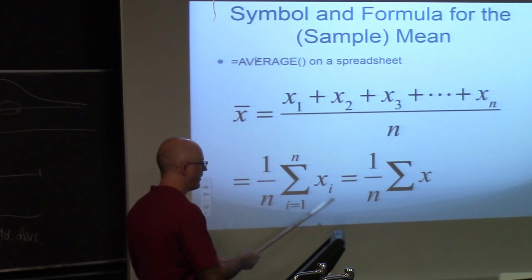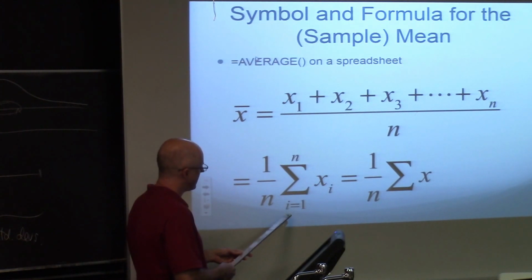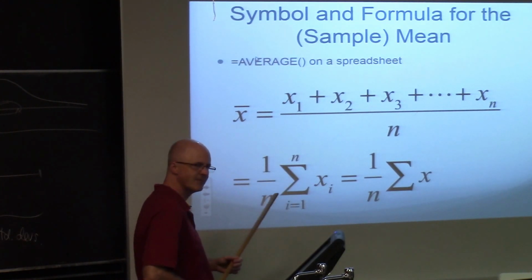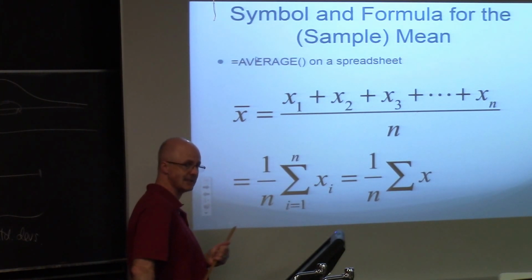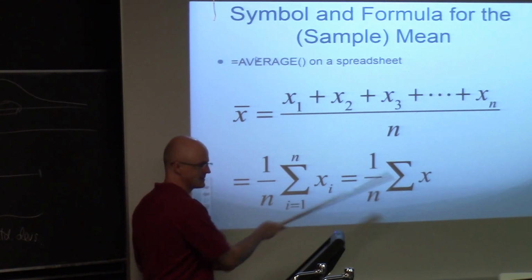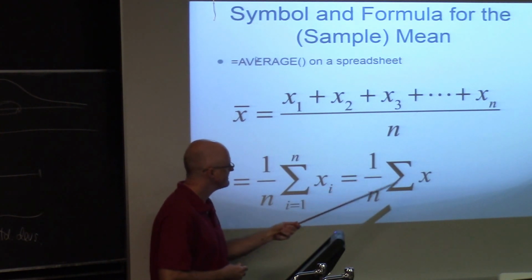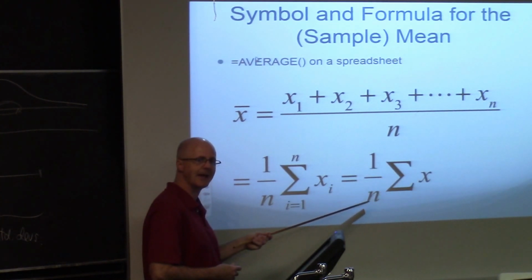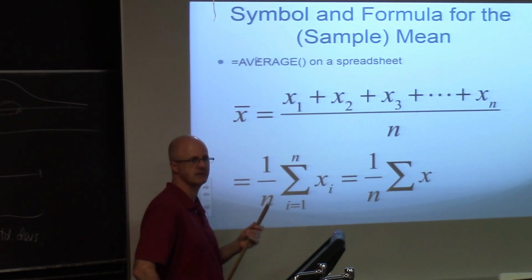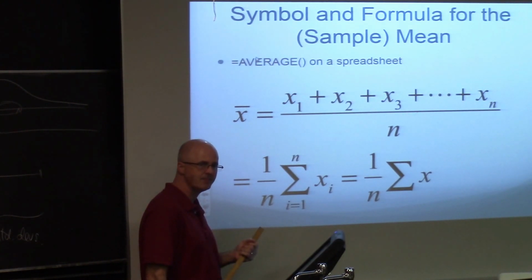However, it's kind of a pain to always have to write the i, and to always have to write the i equals 1 and the n. So as a shortcut that's sloppy, we often are satisfied with this expression, just meaning add up the x values and divide by n. Multiply by 1 over n. It's sloppy.